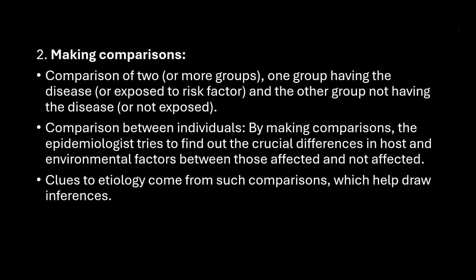We identified that this person has a very good consumption of nutritious food. This person has poor nutrition habits, so this causes anemia. We are comparing between the individuals to get the determinant of the disease. So these are the epidemiological approaches to identify the disease and to prevent it.